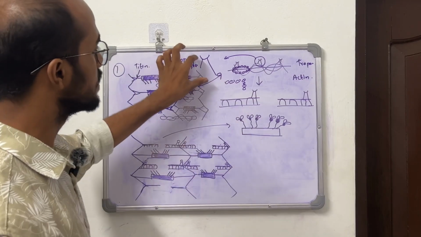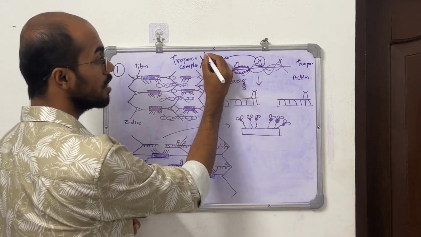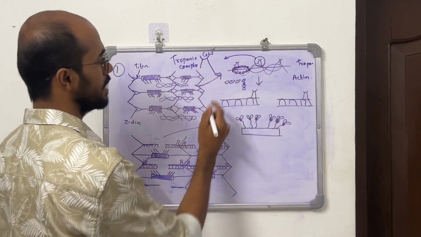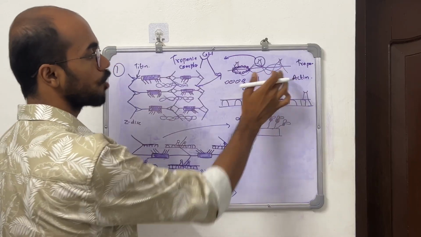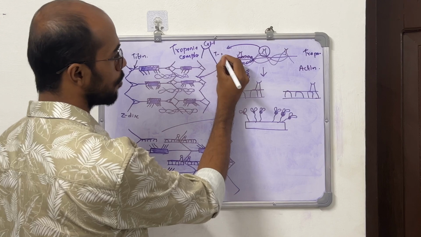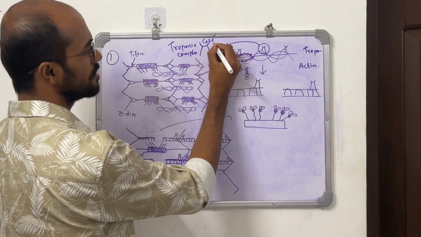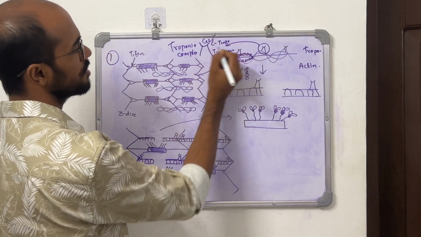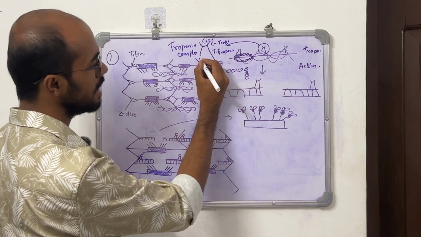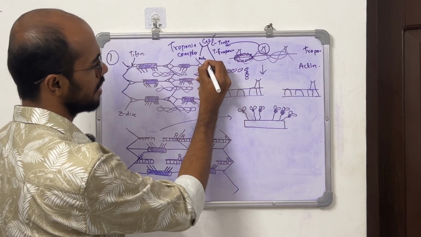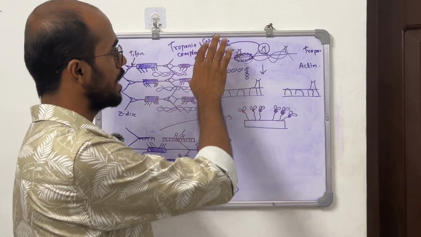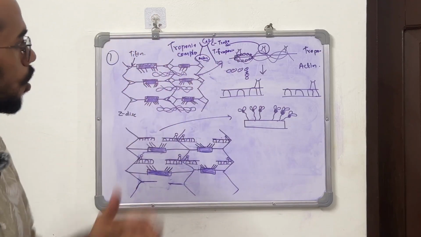Because it had three binding sites. One was for calcium. Yes, you are right. One was for calcium, one is to the actin filament and the other one was to the tropomyosin. So one was called the calcium binding site, the other was called the T-troponin, and the other one is called the C-troponin. And the area which binds to the actin filament was referred to not as a troponin but simply the actin binding region. Okay, so we had these three sites, so it is referred to as our troponin complex.